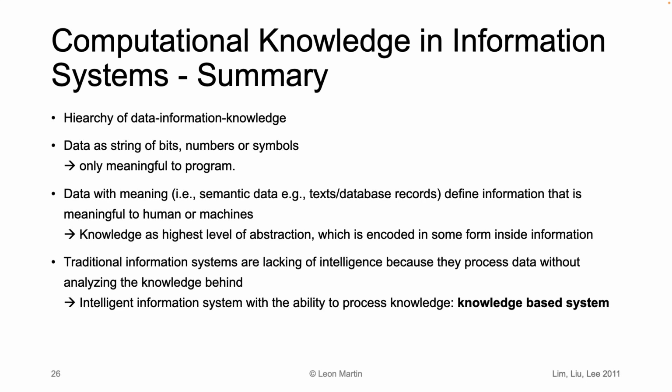And if we make that connection, we have this kind of intelligent information system with the ability to process knowledge and to gain new insights based on already existing structured data. And this is also called a knowledge-based system.